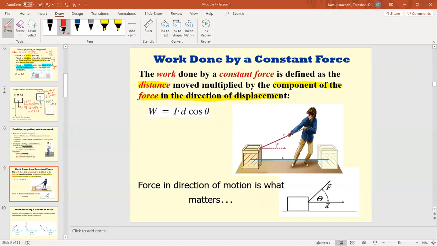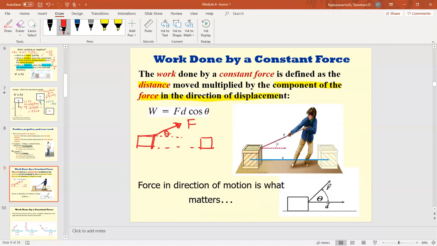If I draw the same diagram here, I'm doing the same thing. There's a thread or rope or something, and that means it could be a tension force, or you just apply a force.